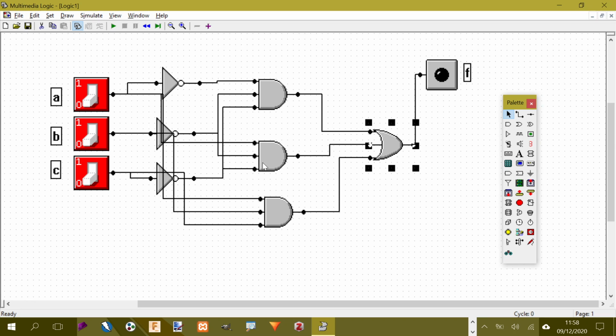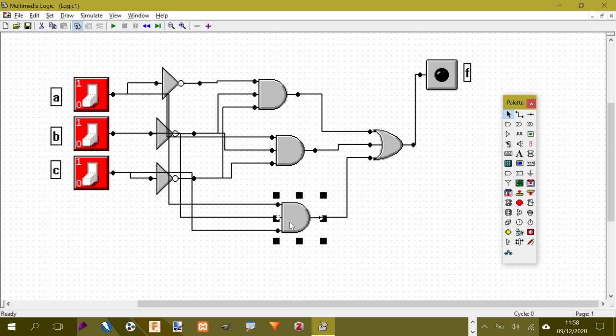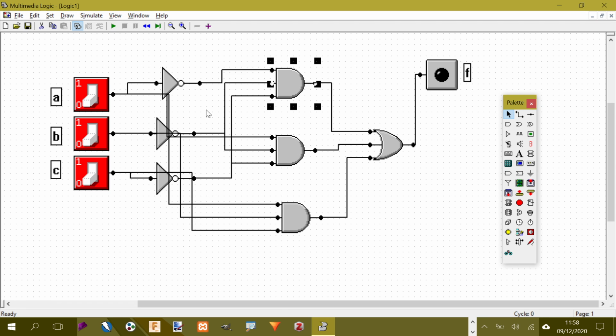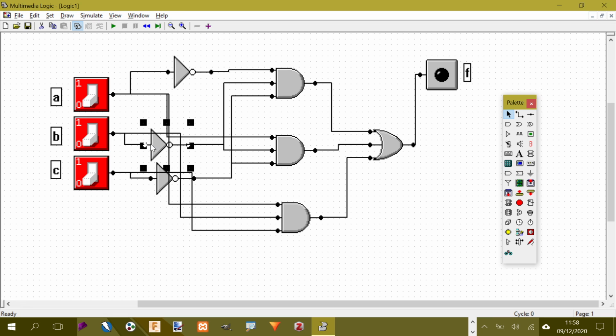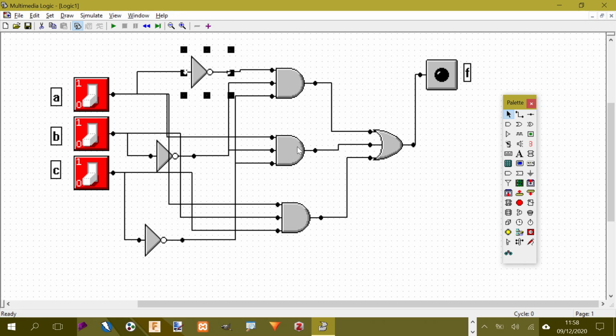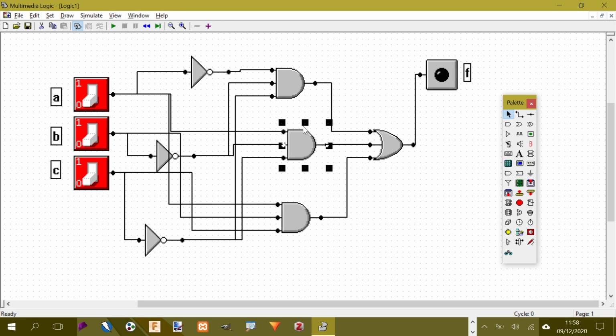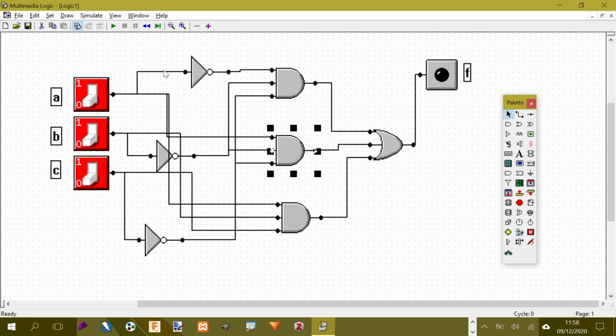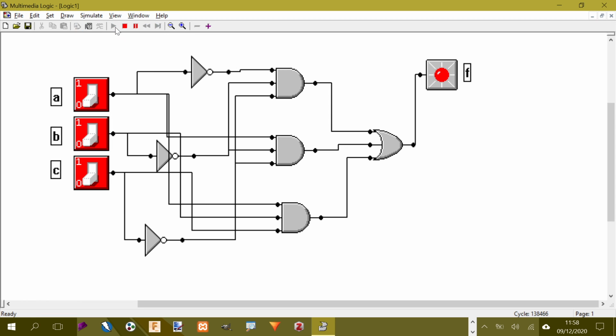So let me just move these around a little bit, because we get a slightly spaghetti junction when you're wiring up, but it will work without that. There we go. And again, we could test our little circuit here, run it as a simulation, and we can see all zeros on, we've got 1 as an output, so that's right.